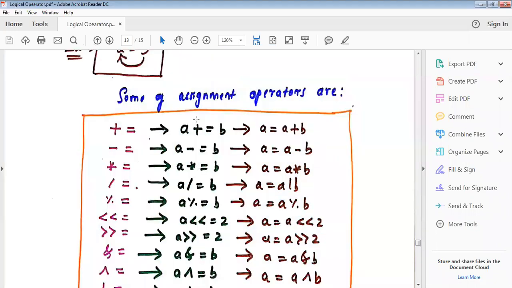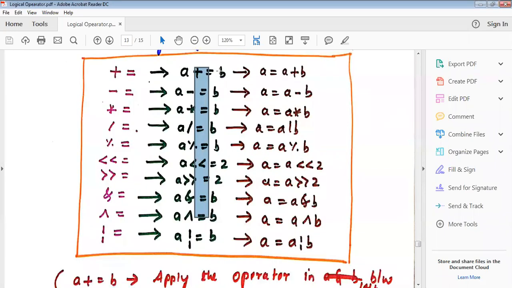Here is one example: a plus is equal to b, a minus is equal to b, a star is equal to b, a division is equal to b, a percentage is equal to b, a less than is equal to b, a greater than is equal to b, a and is equal to b, a cap is equal to b, a or is equal to b. This is how we write it.